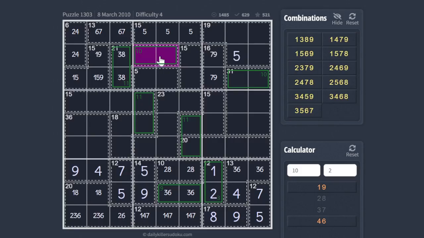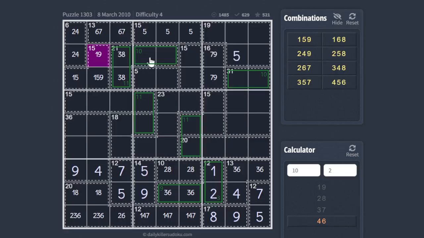Now, if we were to use the 1, 9 combination here, that causes us problems here because both of those candidates would be removed. So the 1, 9 combination is also not valid, and this is the 4, 6. That helps us resolve here. This is not a 4, and this is the 4.